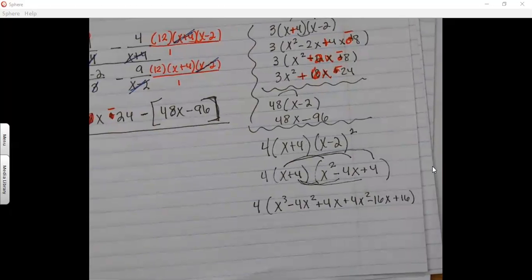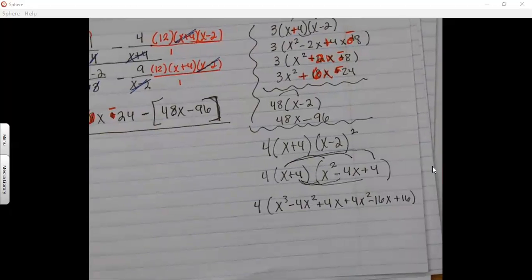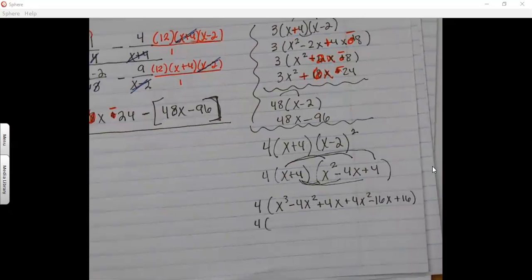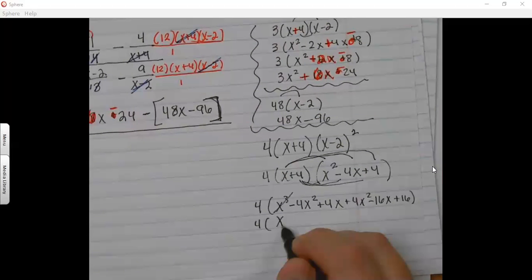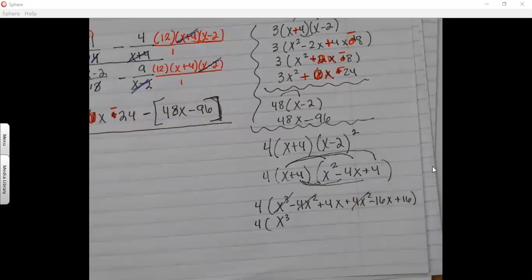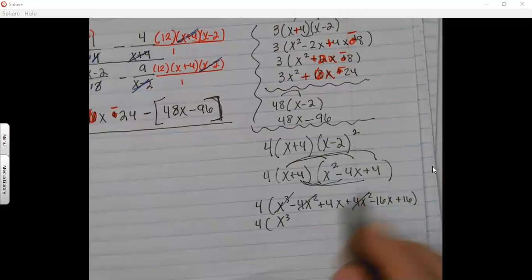So we have 4 times the x cubed, minus 4x squared and plus 4x squared cancel. 4x and minus 16x make minus 12x. And then plus 16.